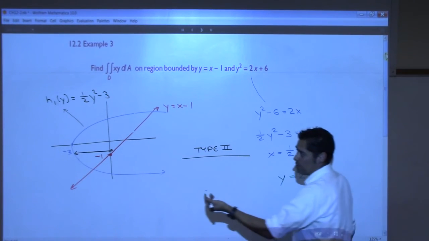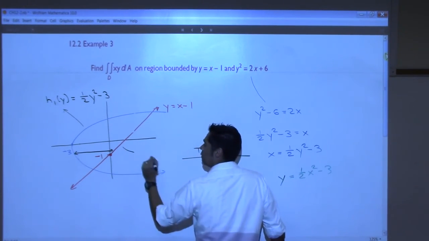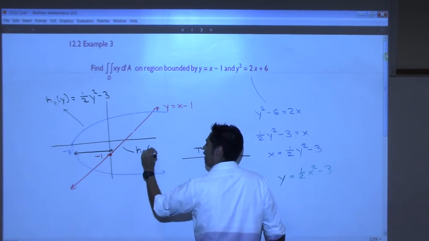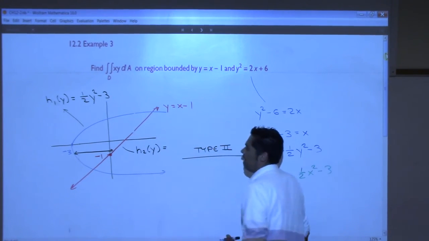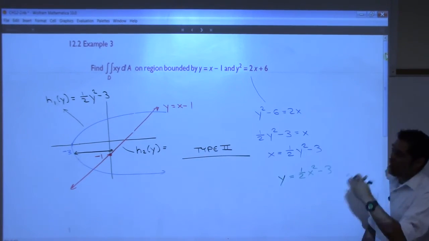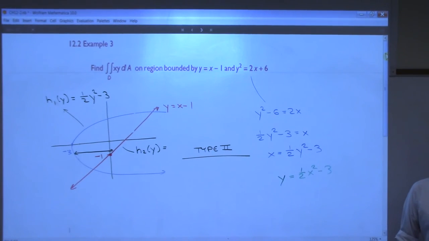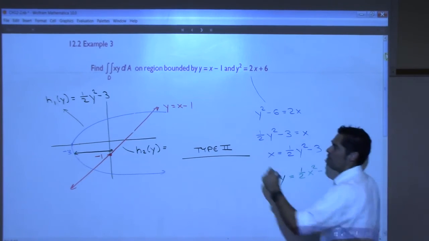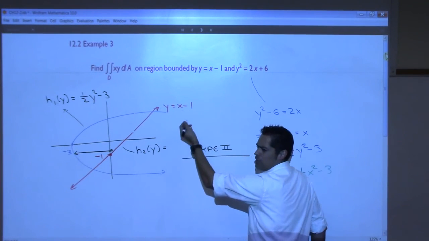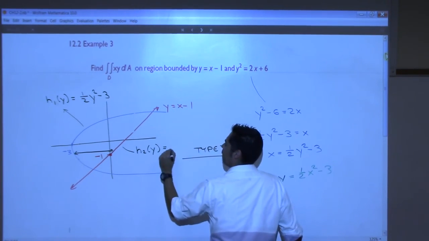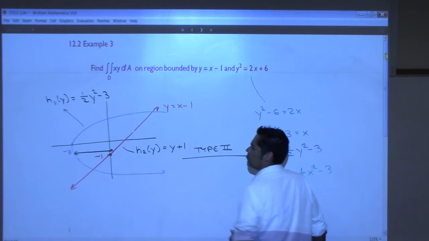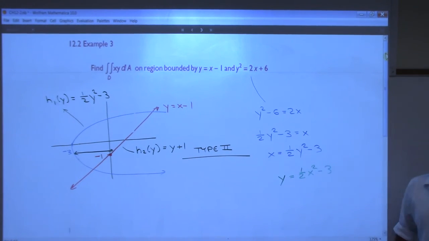Then this red one, which is our right bound, is our h sub 2 of y. And that is the line solved for x, which we hadn't done, had we? We hadn't solved this for x, but we could. Y plus 1. Y plus 1. Right?